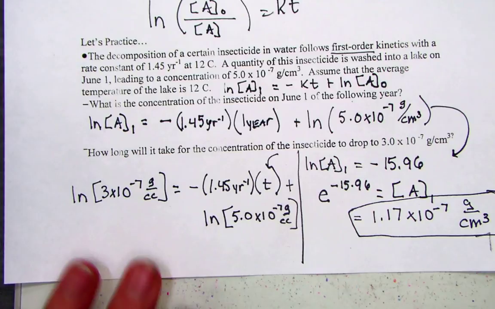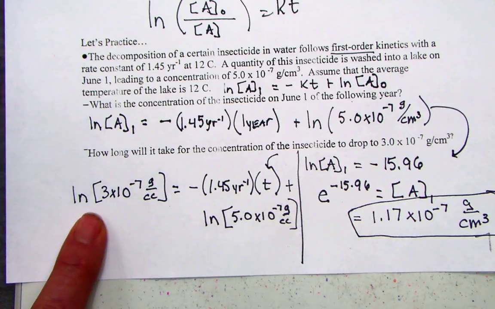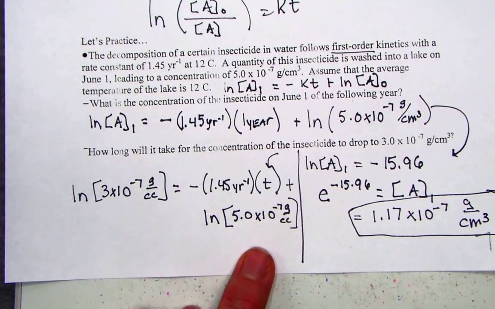Simplifying, I would start simply by hitting the natural log of 3 e negative 7 minus the natural log of 5 e negative 7. When I hit equal, I'm at 2.67.